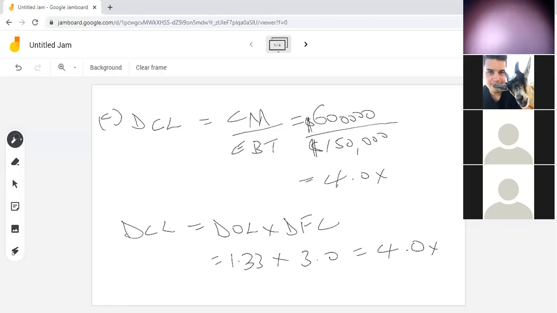So either way would be correct, except of course if you made a mistake calculating one of these, then when you use the second formula, you probably would have gotten it incorrect. So the first one would probably be better in terms of that.